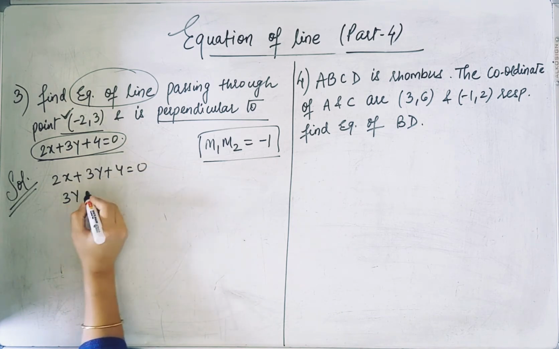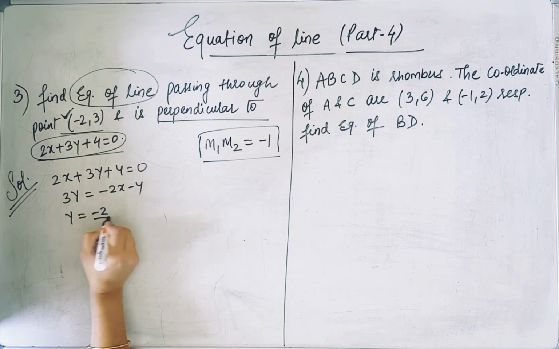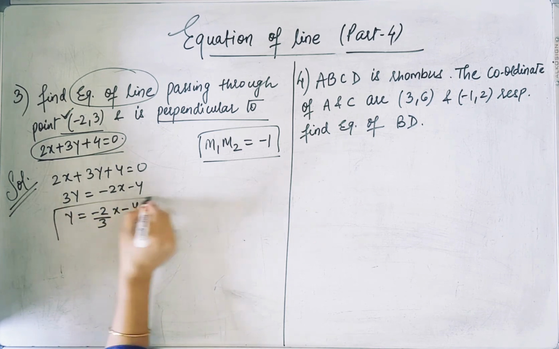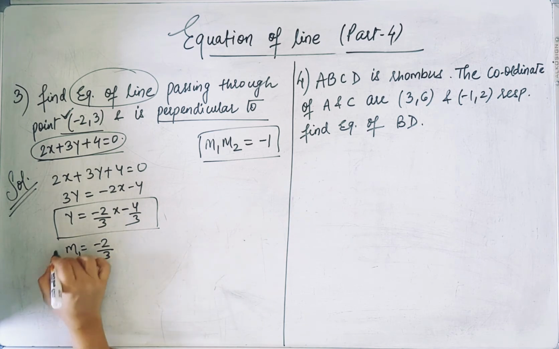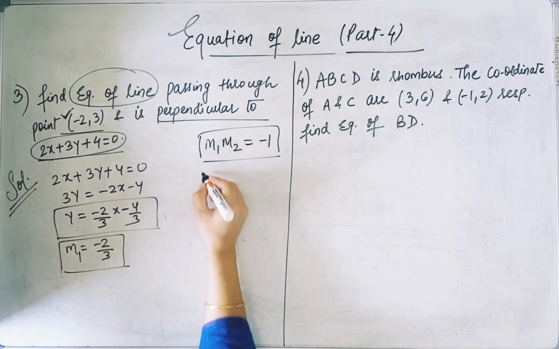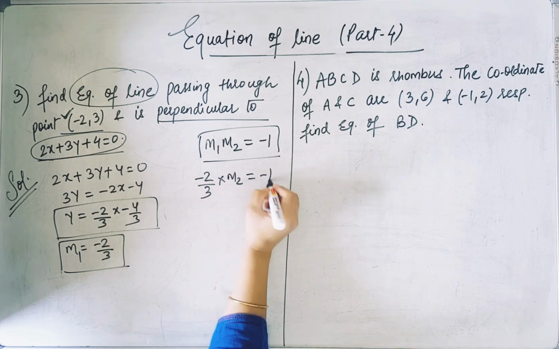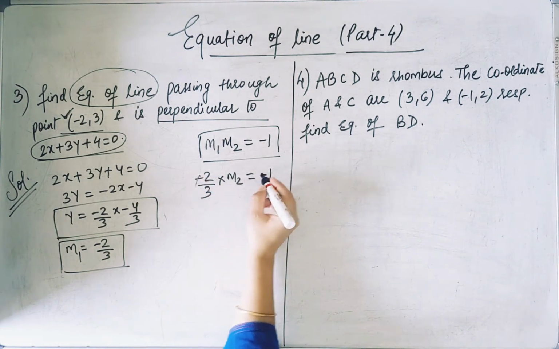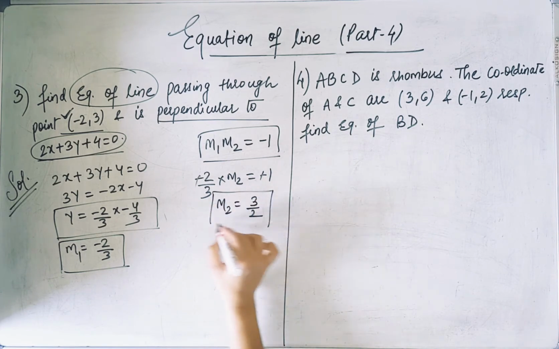We'll get 3y equals minus 2x minus 4, thus y equals minus 2 by 3x minus 4 by 3. So m is minus 2 by 3, and we can consider this as m1. So m1 is minus 2 by 3, into m2, which we have to calculate. m2 will be 3 by 2, because minus and minus will be plus. So m2 will be 3 by 2.